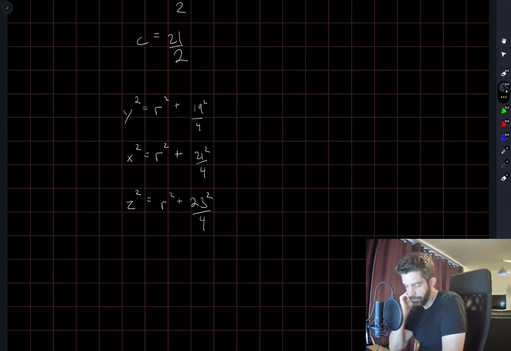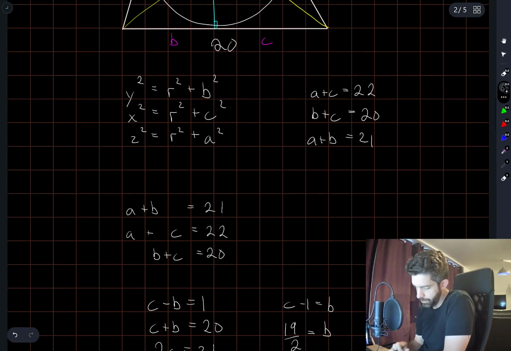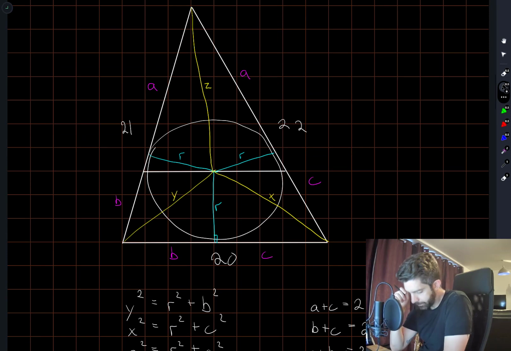Okay, so this doesn't allow us to solve for r exactly. We have 3 equations and 4 unknowns. Is there another piece of information we could use? We have not used yet that this line segment is parallel.